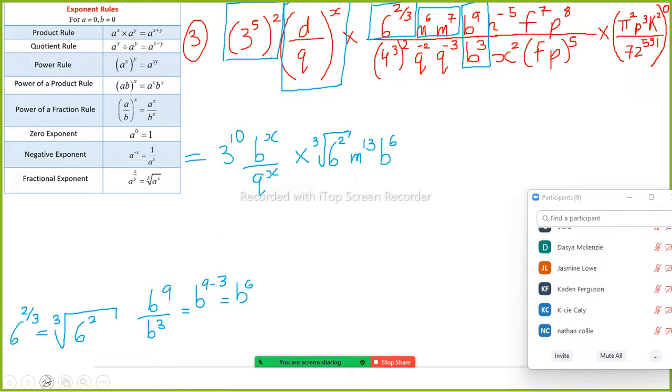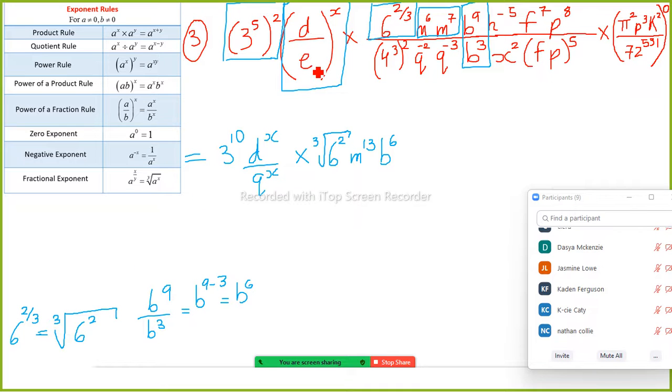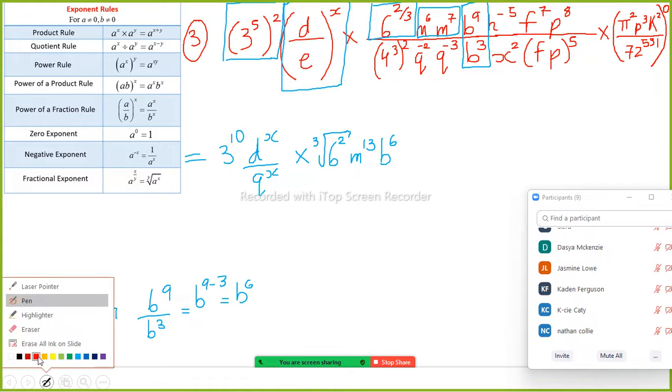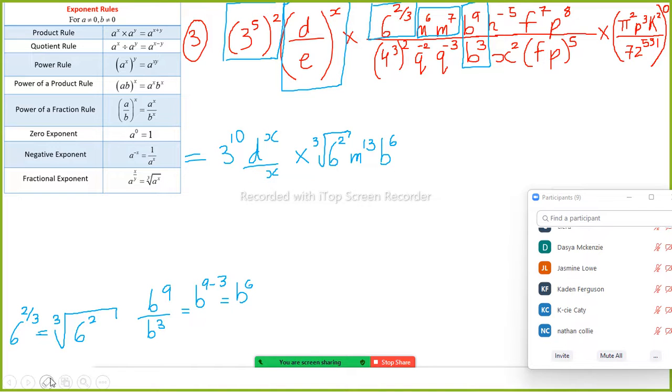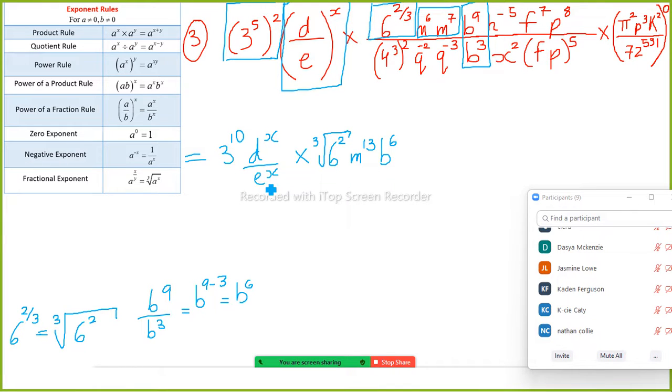So this will turn into D to the power of X. Make sure you make that adjustment. And I don't want this to be Q, because that will make us have to do something else. So D, E, F. Let's make this E to the X. Make those adjustments for me.